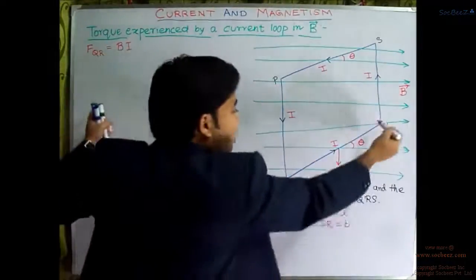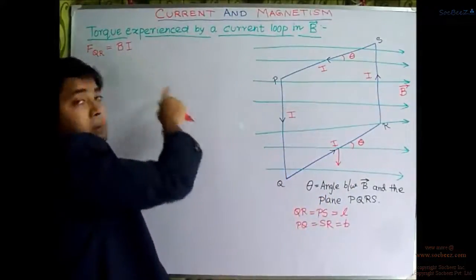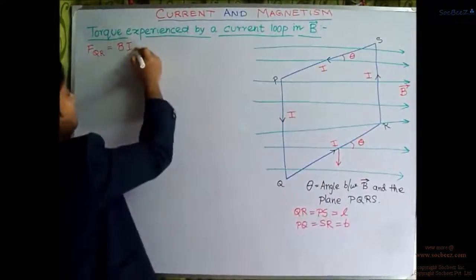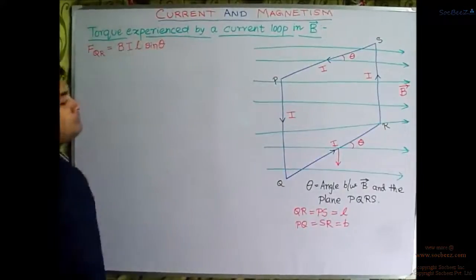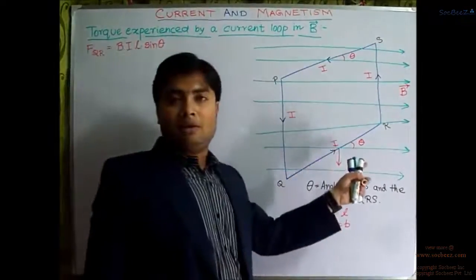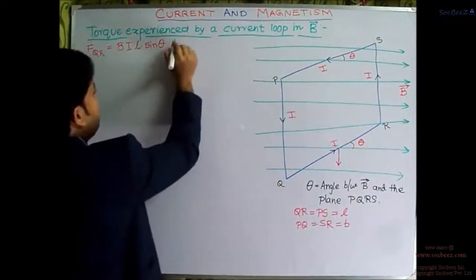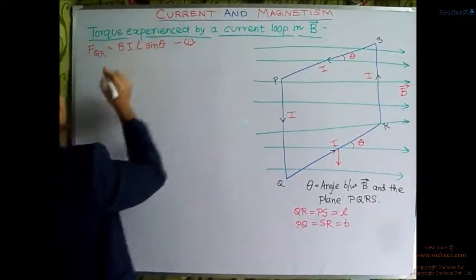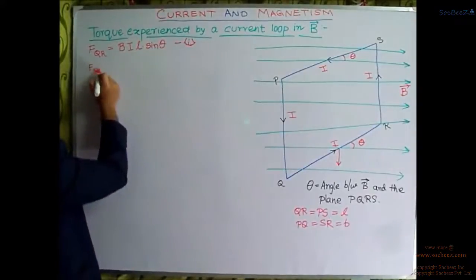So on QR, the force enacted in this direction will be equal to B I multiplied by the length, L, multiplied by sine theta. This is the angle, multiplied by sine theta. Say, for example, we call it equation 1. Now we find out the force for PS.